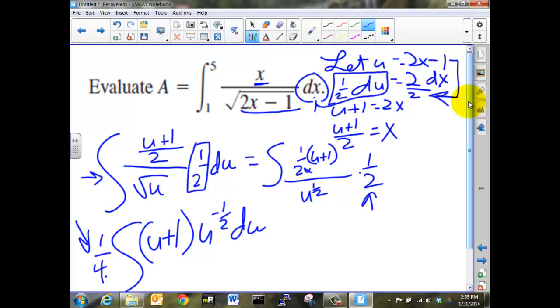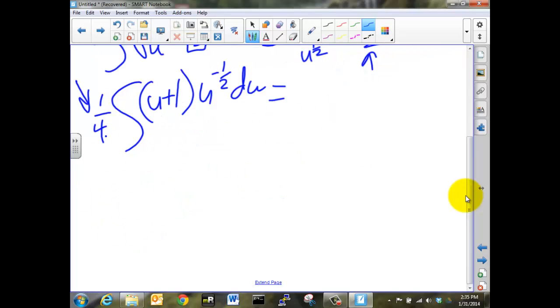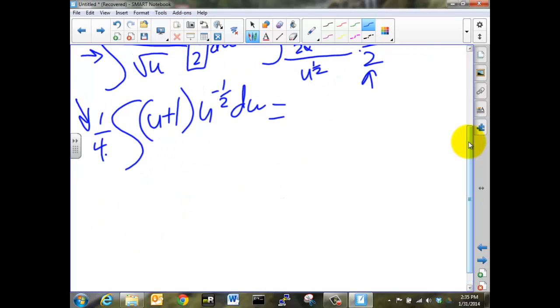The u plus 1, and I've got a u to the negative 1/2. I still can't integrate that thing as it's written, though. We need to distribute and make it u to the 1/2 plus u to the negative 1/2 du.